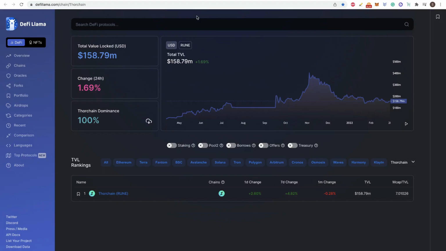If you check out DeFi, you can see the TVL, the total value locked of ThorChain, it's only on this blockchain because the interfaces are from this network. This is only $158 million in TVL, which is actually very low if you compare to any of the other projects. It's really at the bottom of the list.